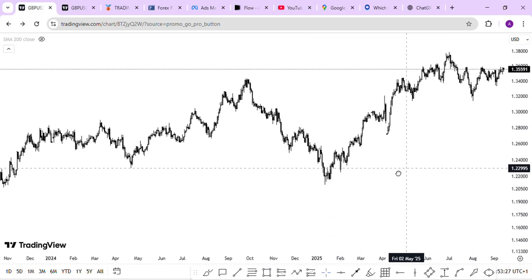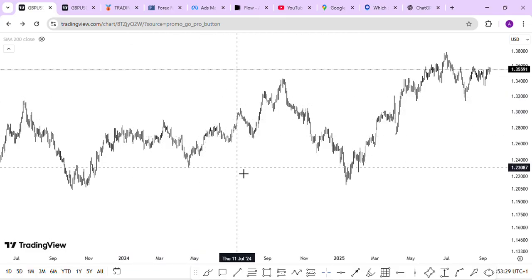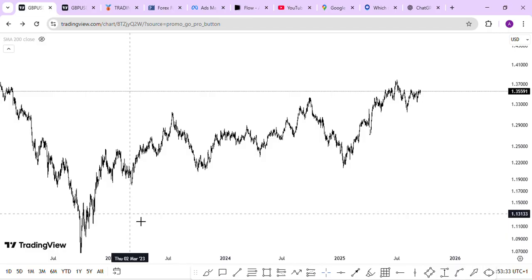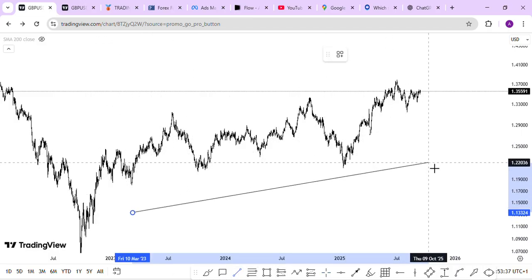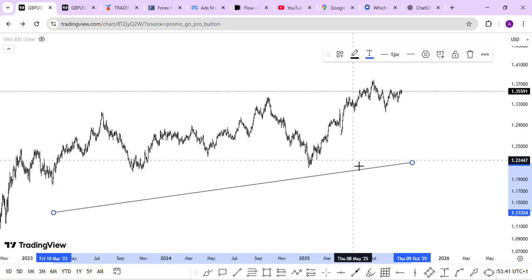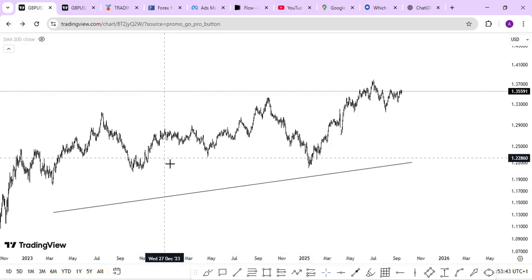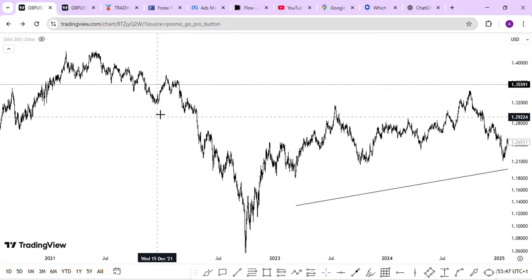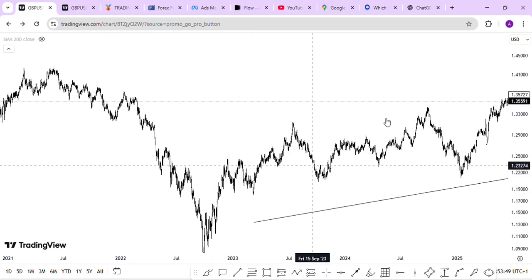As you can see, this is the daily time frame, and if I move this, you can see that we have been on bullish momentum for a very long time. The market was temporarily bearish. Now, the market was bearish before, now bullish.